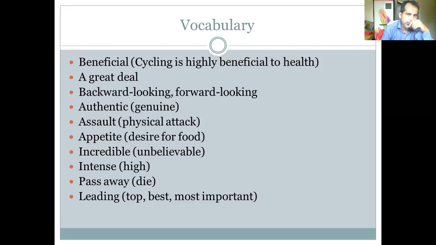Next word is intense. Intense, very common word, very important word, and you need to know this word in your HSC level. Intense means high, intense heat. How is the heat? We are suffering because of intense heat. That means the heat is very high, about 44 or 45 degrees Celsius temperature.